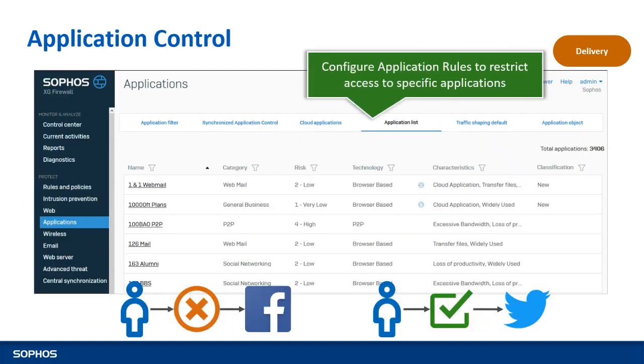Application control works at several levels to help protect your network. The most obvious of which is to reduce the attack surface by controlling which applications are allowed. For example, users cannot download infected files through peer-to-peer applications if you are blocking them. Application control can be used to block various types of applications, including unwanted applications.